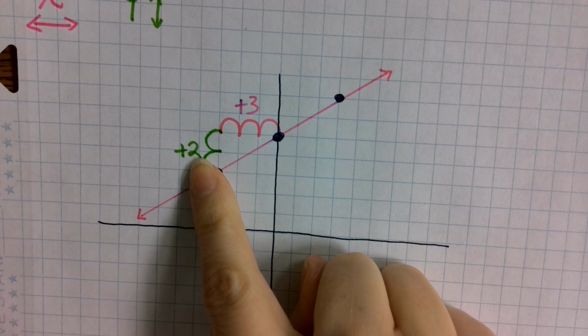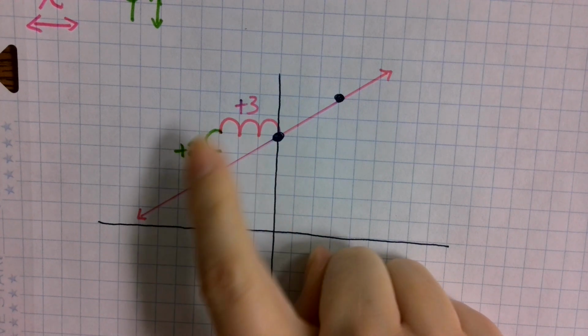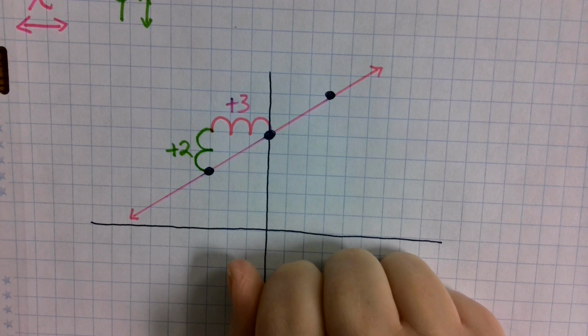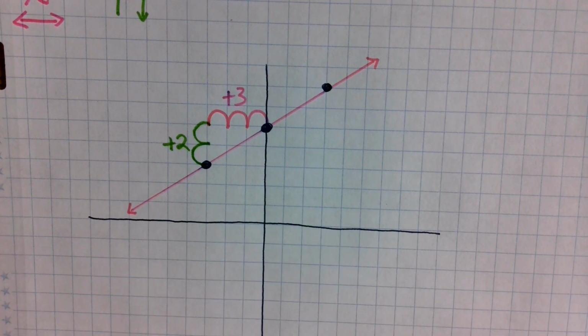There's my change of y. There's my change of x. 2 over 3. Everybody clear? So when you're given a graph, you can do the same thing. You see how far up or down your y goes, and then how far left or right your x will go.